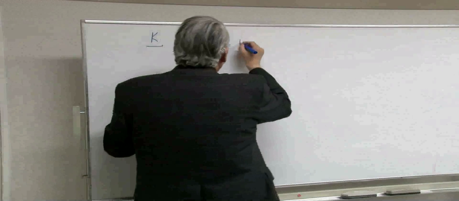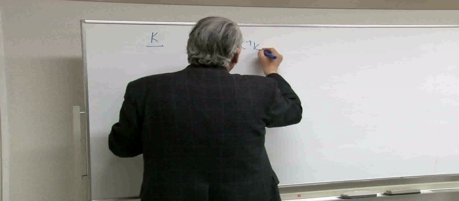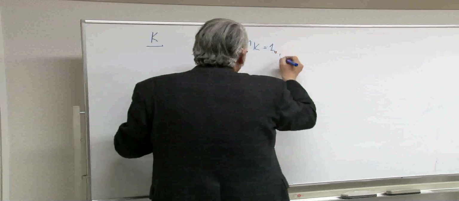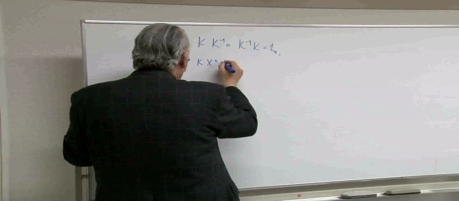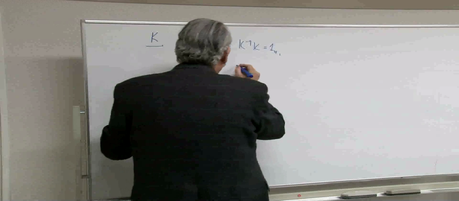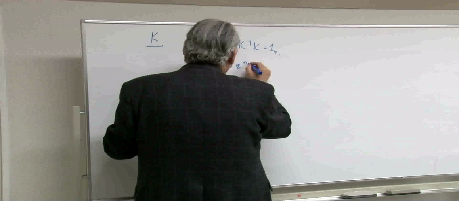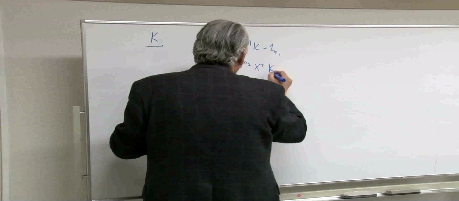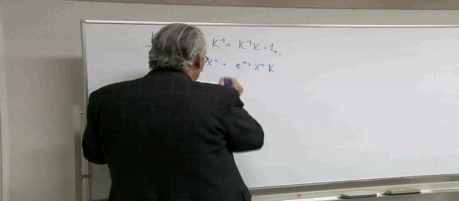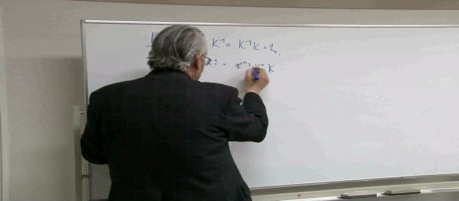K had an inverse. And k commuting with x plus was giving q to the 1/2 times x plus, and commuting with x minus, it was giving the same with plus minus.